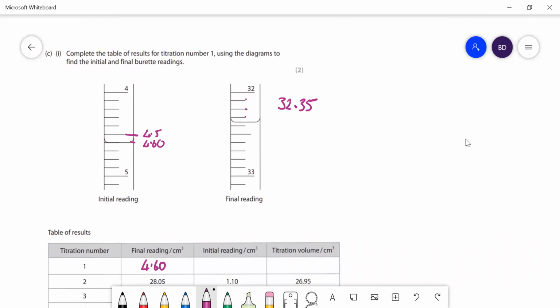So I put those in the wrong place there. 4.60 should go there, 32.35 there, and the titration volume, if you subtract those, you get 27.75 centimeters cubed.